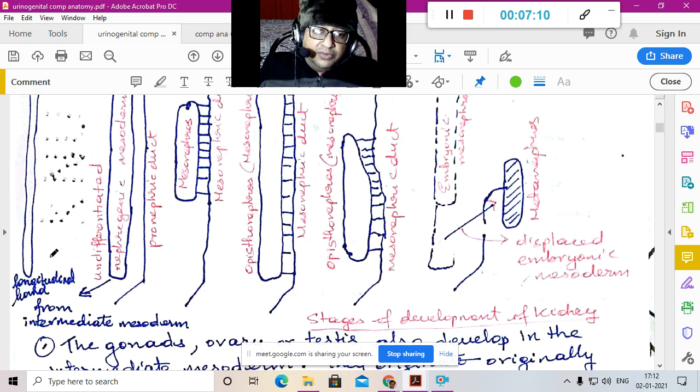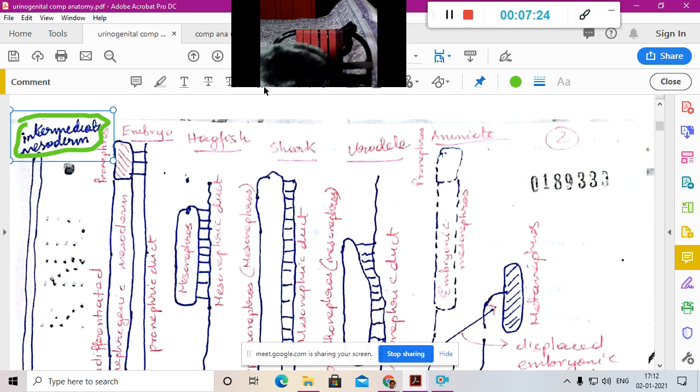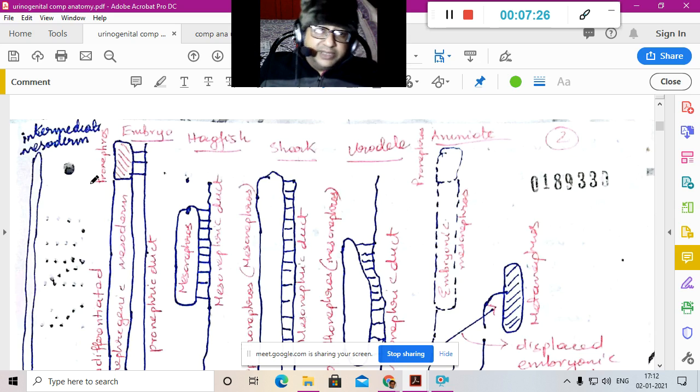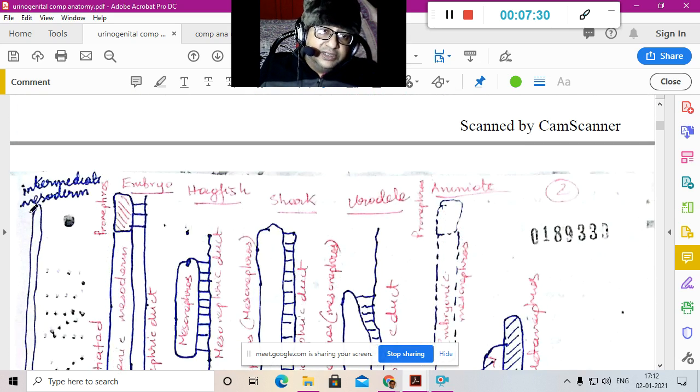So in the first stage you see the intermediate mesoderm here. It appears as a longitudinal band, a long band.